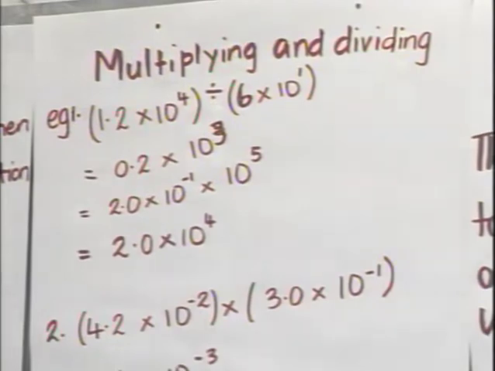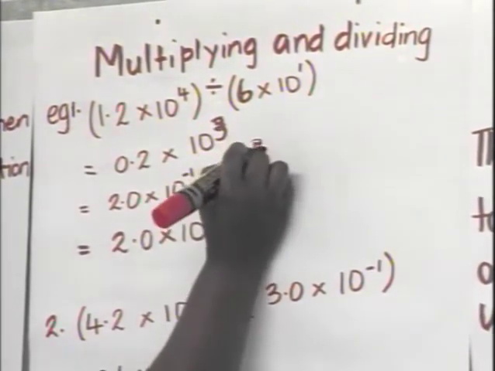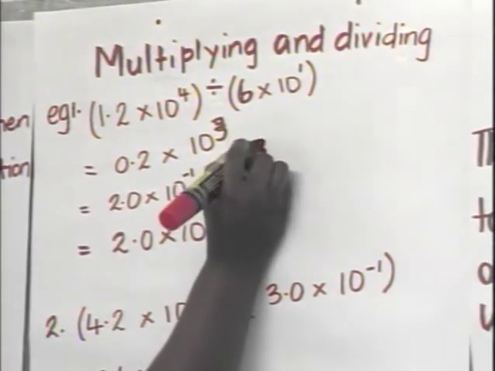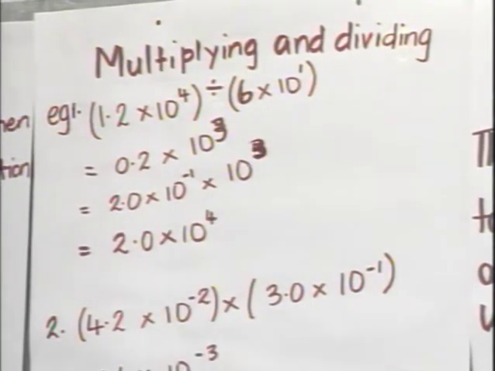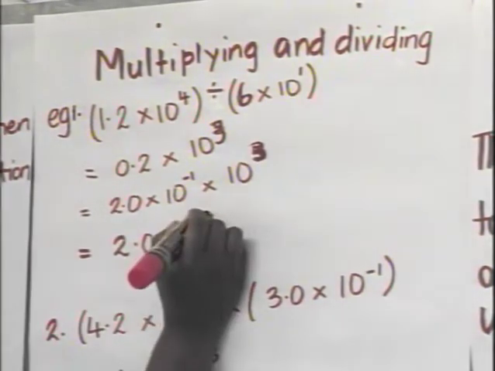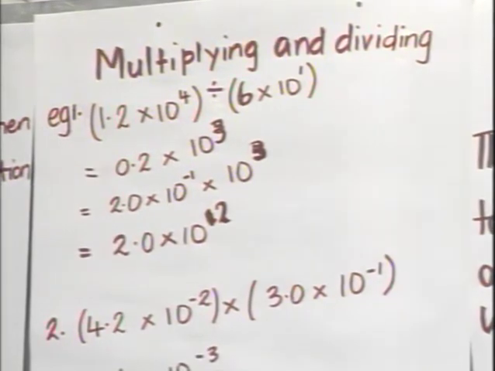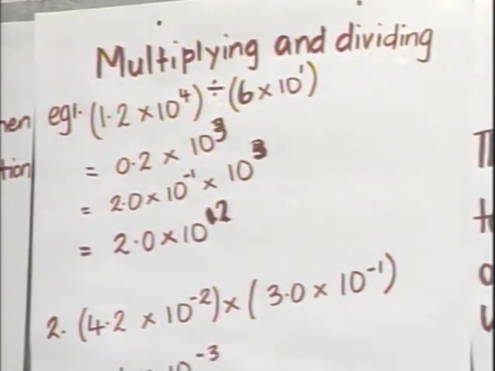Then this one should be 3 because it comes from here. So that's 3. And then 3 minus 1 should be 2. So the answer is 2.0 times 10 to the power of 2.